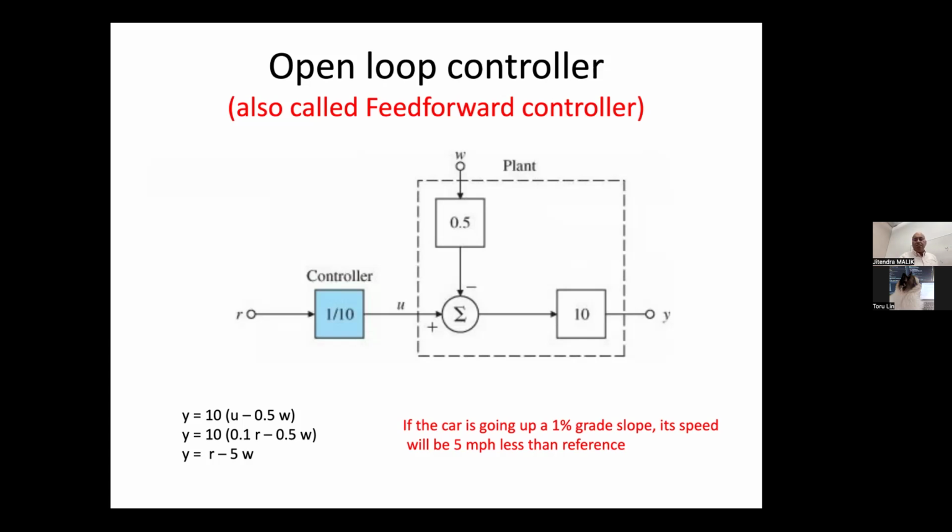Now, if there is actually a slope, then you're going to get an error, right? If there's a slope W of 0.1, you're going to be off as a result. And this is the problem with feed-forward control: there will be some unknown aspects of the environment because of which you will screw up.